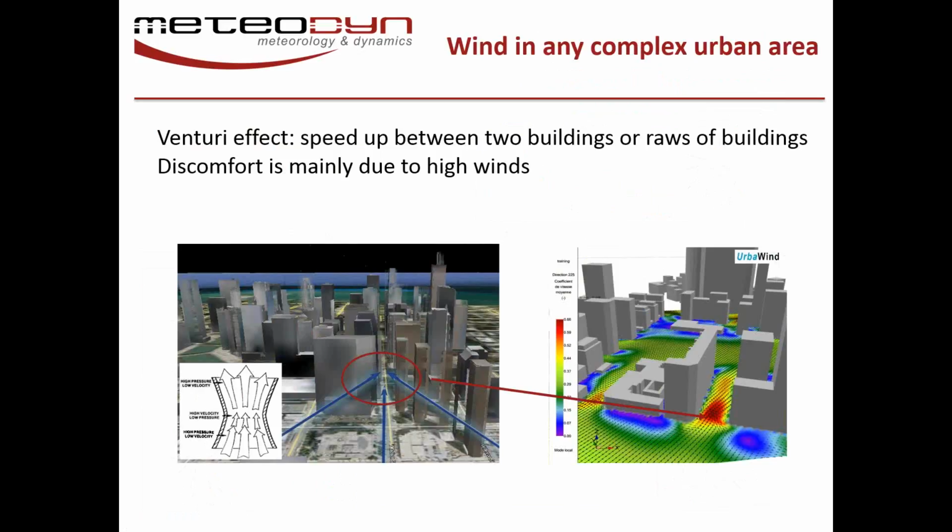So the discomfort in this situation is mainly due to high winds. There is some speed up, as you can see here in this picture computed by UrbaWind. So the question is to know for which direction you have a speed up and the level of the speed up.